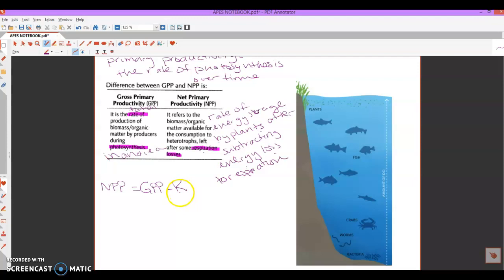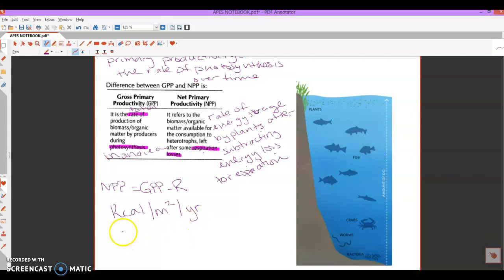Okay? Now, let's look at the units that this is measured in. It's going to be measured in kilocalories per meter squared per year.